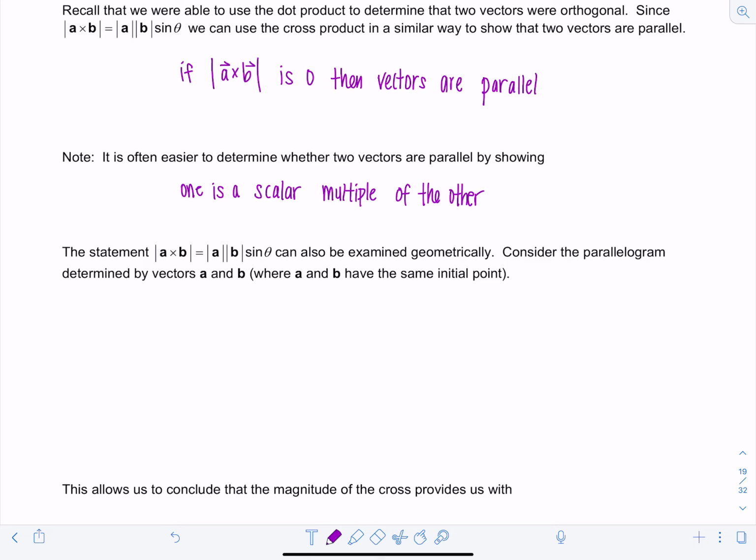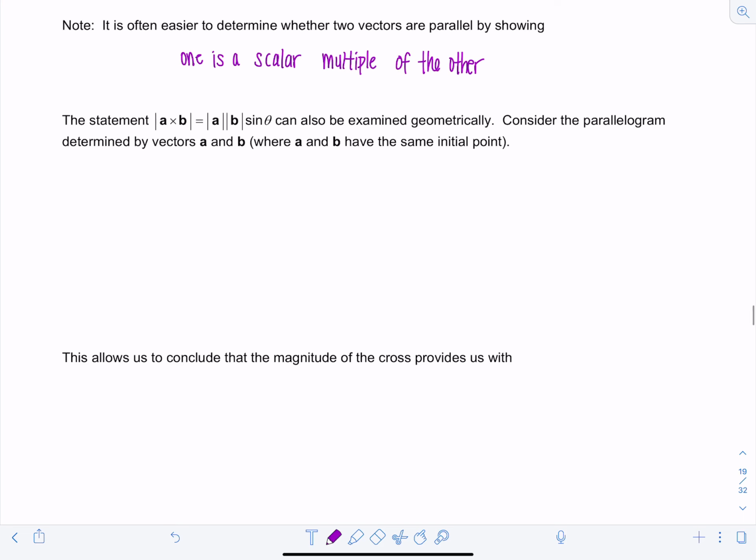Okay? Now let's look at some other applications of the cross product. You might be thinking it's pretty worthless, right? Okay, so the statement magnitude of A cross B equals magnitude of A times magnitude of B times sine theta can also be examined geometrically. So consider the parallelogram that's determined by vectors A and B, where vectors A and B have the same initial point.